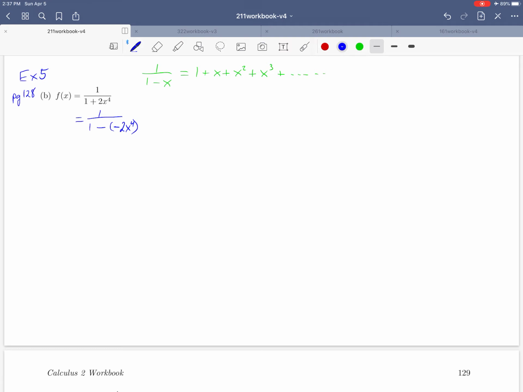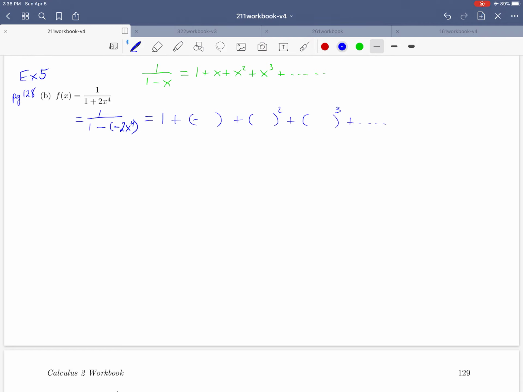So we can write 1 over 1 plus 2x to the fourth as 1 over 1 minus minus 2x to the fourth. And now we write down what we had before. So we have 1 plus something plus something squared plus something cubed plus something to the fourth, and so on.